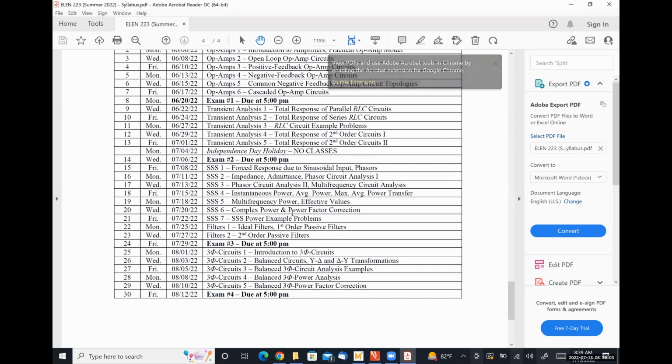I give us a day specifically dedicated to working problems because on that lecture on Wednesday the 20th, I hit you guys with just an absolute ton of equations and we don't really have a lot of time to put them into use. So I dedicate a day to using them. And then the following week before your exam, we're going to talk about filters. I'm not going to test you on the filter material.